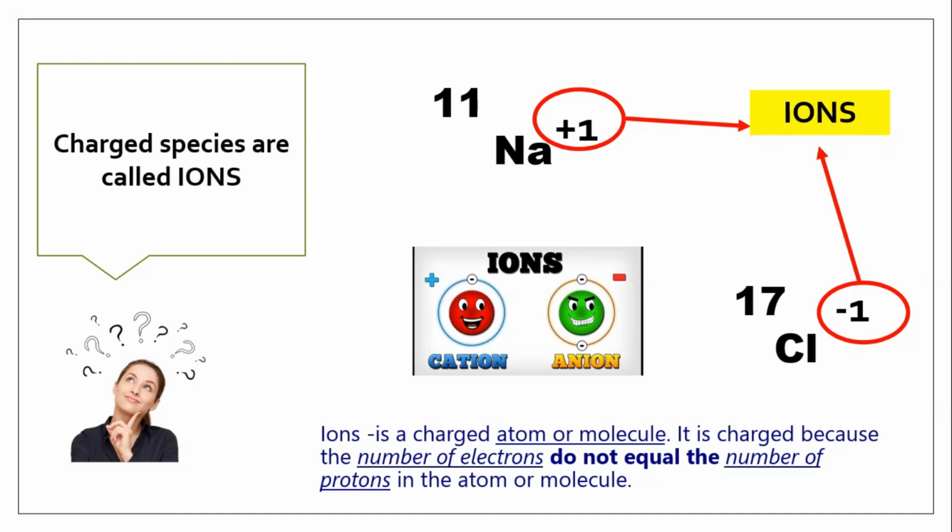However, if this happens, wherein there is what we call ions, it is actually a charged atom or molecule, wherein it is charged because the number of electrons does not equal the number of protons in the atom or molecule. Okay, so as you can see here, we have two types of ions. So meron tayong dalawa.